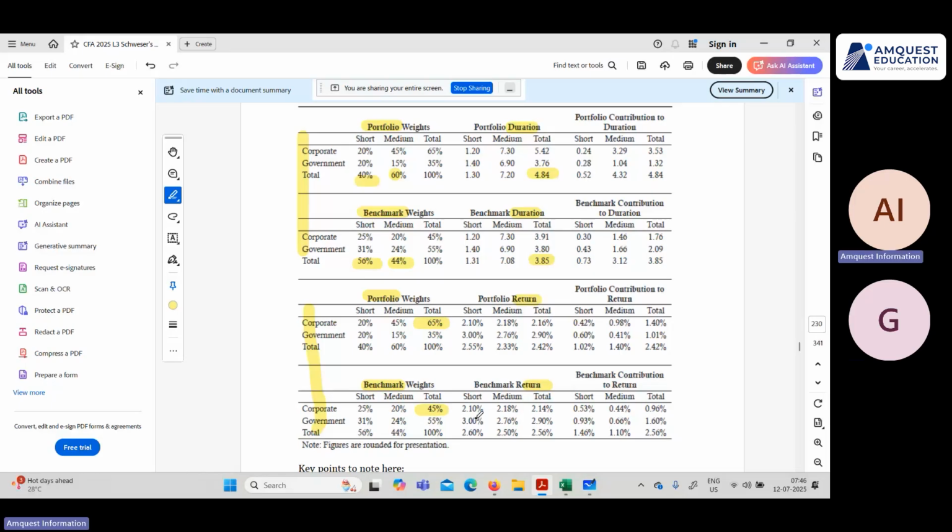Yeah, 65 versus 45, right? So benchmark has 45% weight while the portfolio 65% weight. So he is long, or basically he is overweight on corporates and he is underweight on govies. Right?